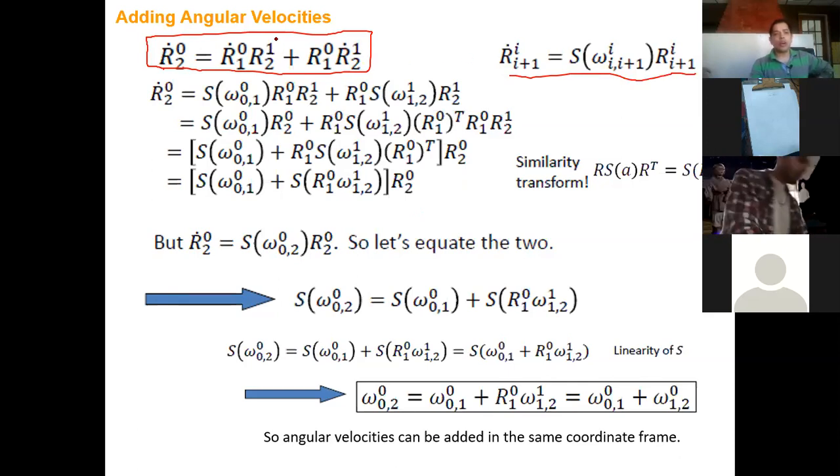You don't have to worry about R^1_2, it stays as is. Then R dot 1 0, what is this? It is S of omega 0 1 0 times R10.